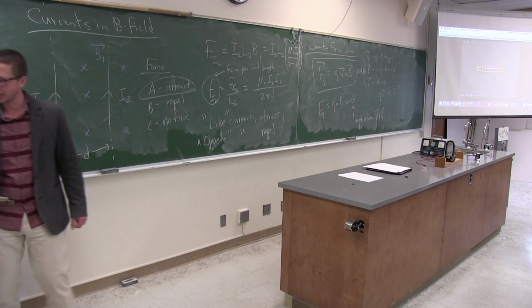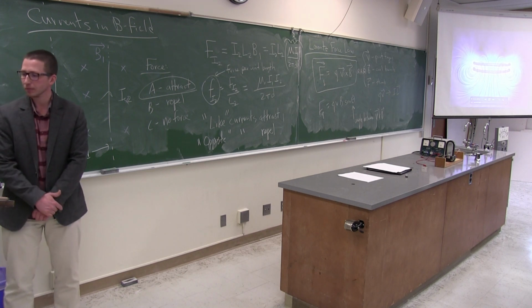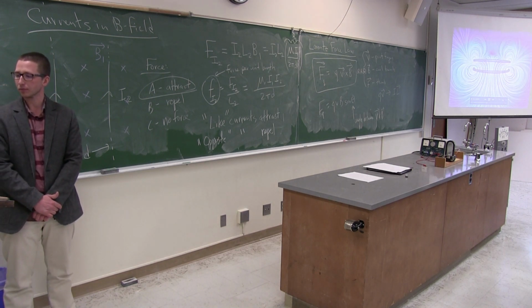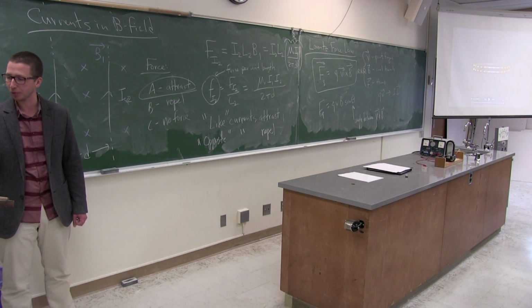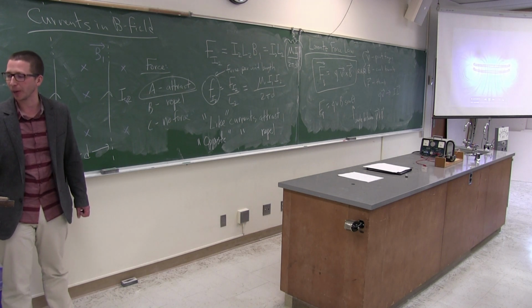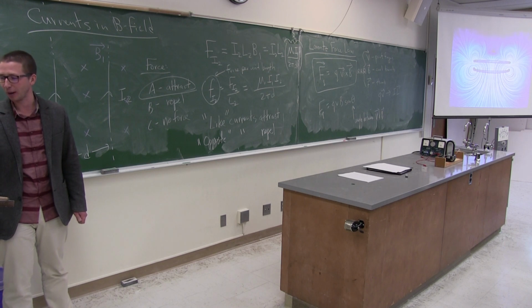So let's look at what this looks like here. As the current is slowly ramped up, we see that there's a force between these two loops. Now the bottom loop has 3 times as much current as the top loop. That's why those orange dots are moving 3 times as rapidly.